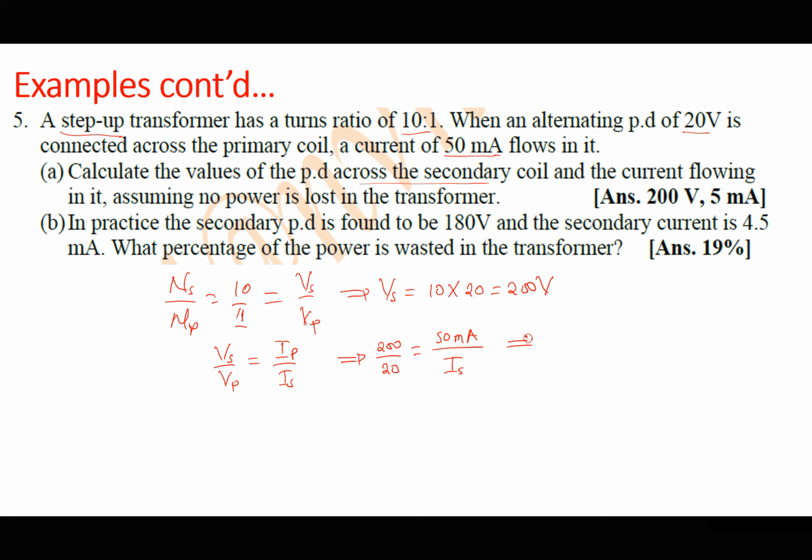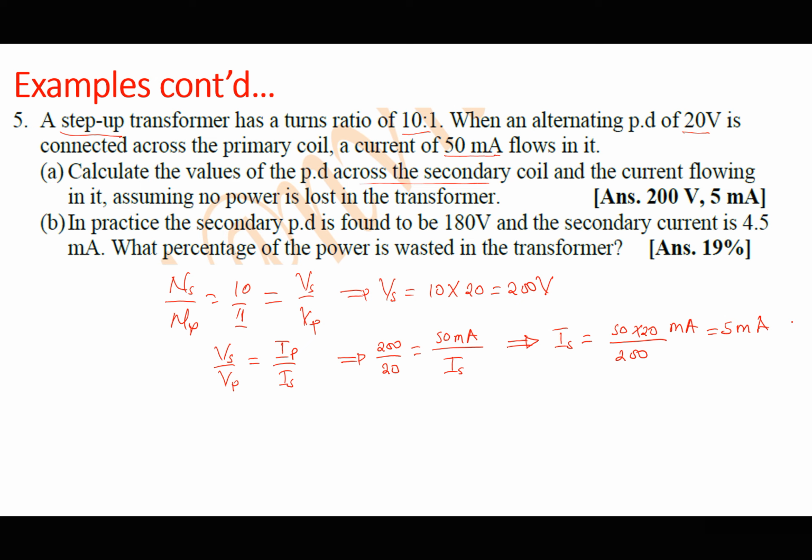So the current in the secondary is going to be equal to 50 times 20. Remember, this is still in milliamperes, divided by 200. So 1000 over 200, that is 10 over 2, which is 5.